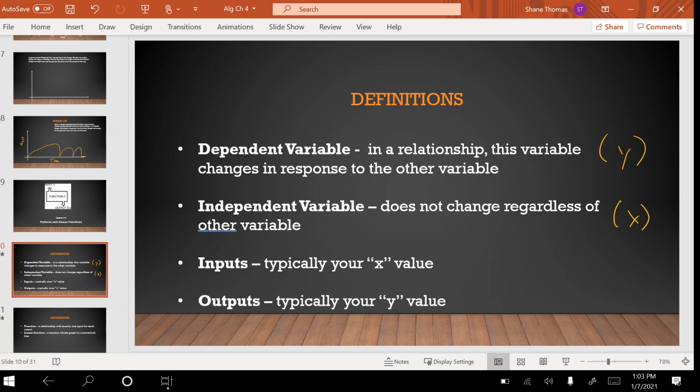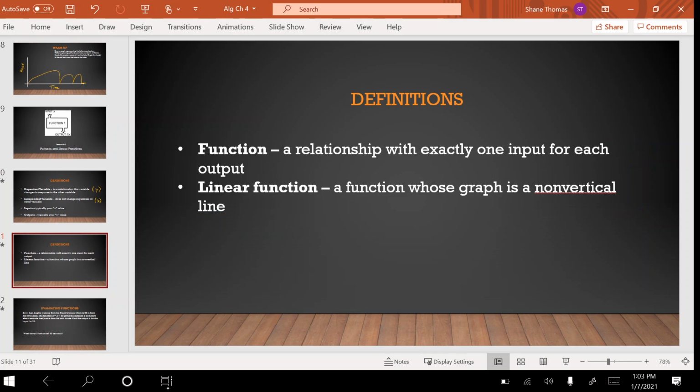Okay. So the next thing we have, a function. A function is a relationship with exactly one input for each output, and a linear function is a function that, when you graph it, is a non-vertical line. Essentially, for lack of a better way to put it, inputs go into this function over here, and outputs are going to be paired.